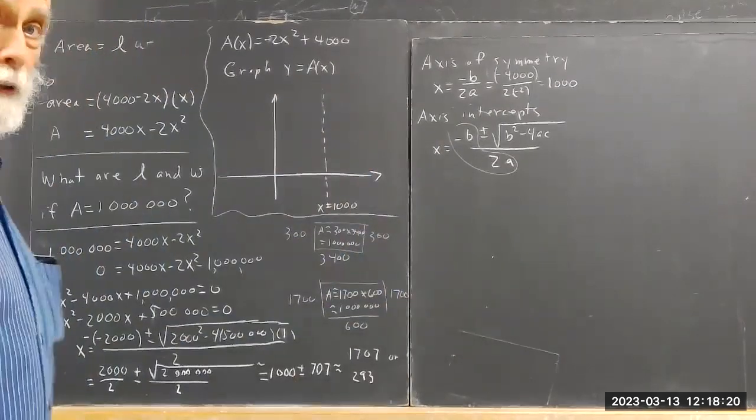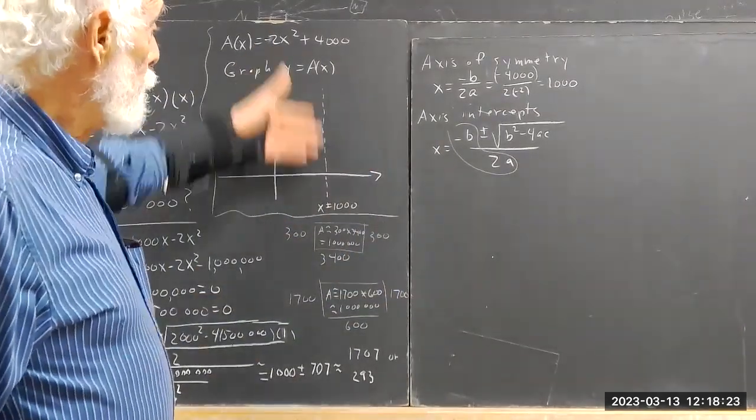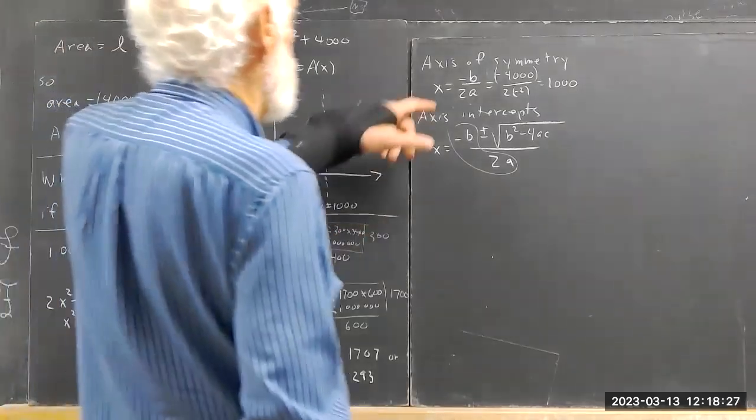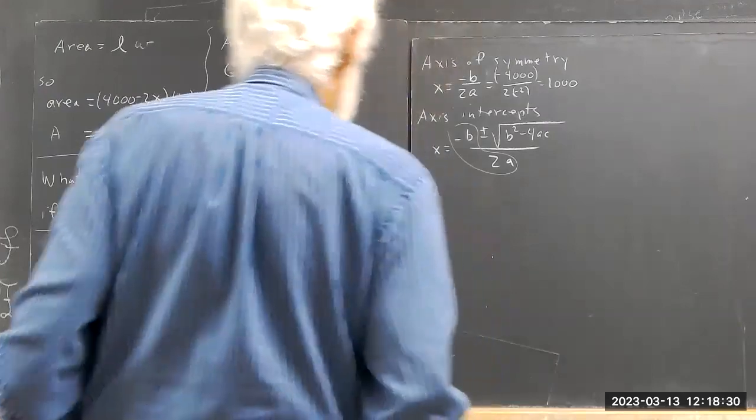Right here's our axis of symmetry. So the parabola is going to have a vertex on the axis of symmetry. Let's go ahead and find the axis intercepts.